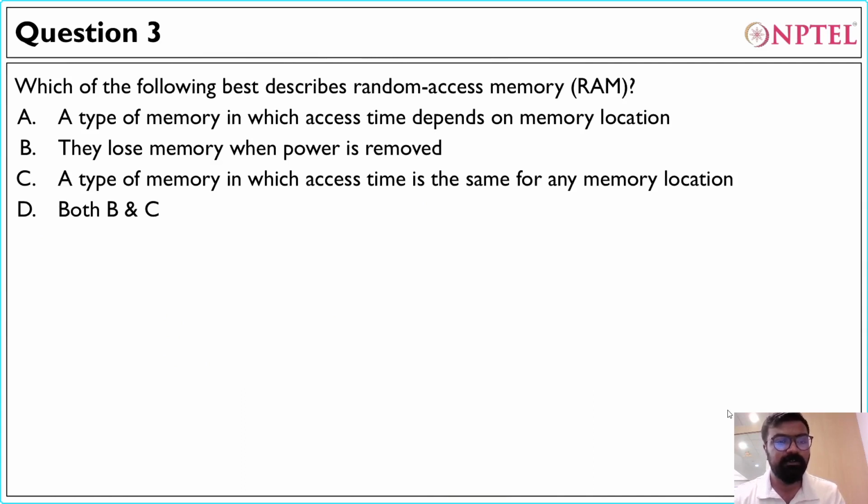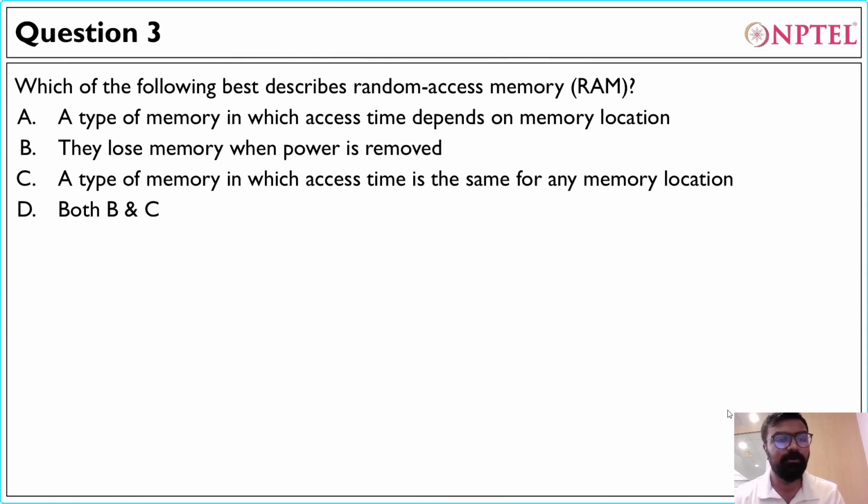This option does not actually describe random access memory. Why? Because random access memory means that irrespective of the memory location, the access time should remain the same, right? Because the access is random and you don't want your access time to depend on the memory location. So this option is incorrect.